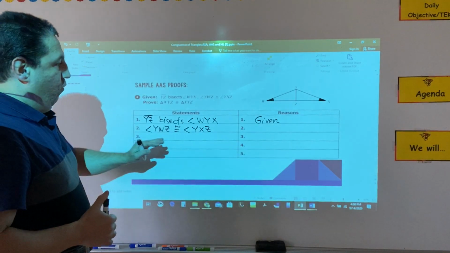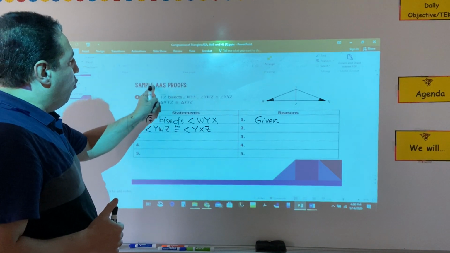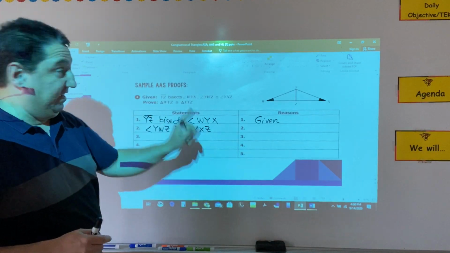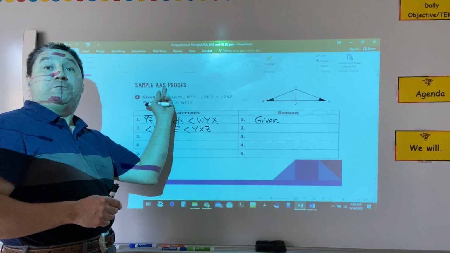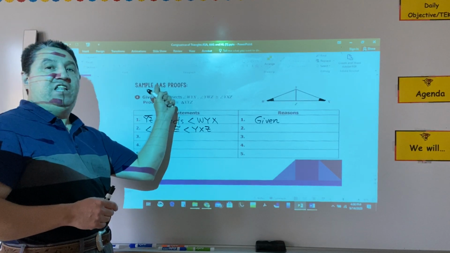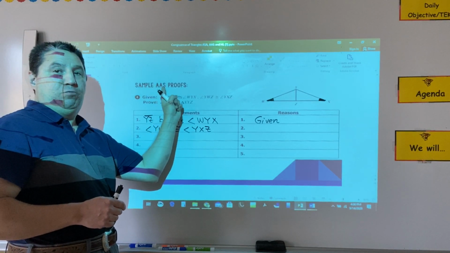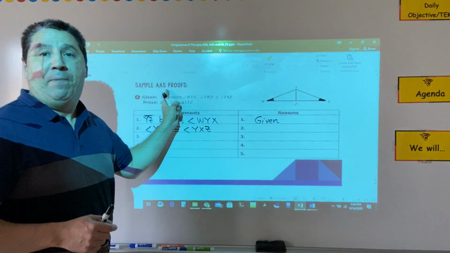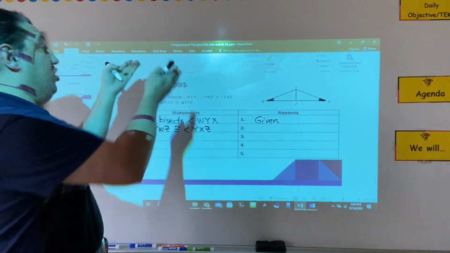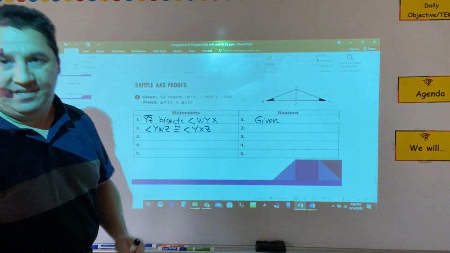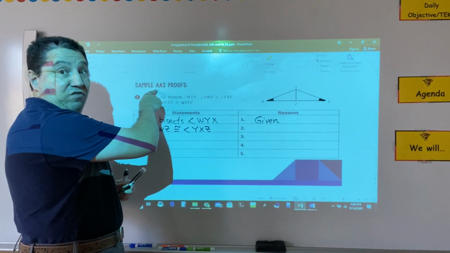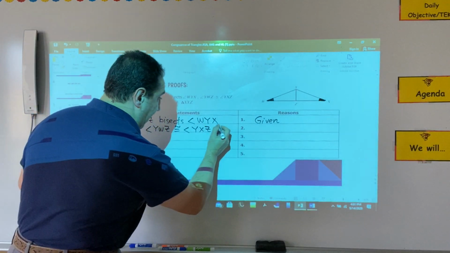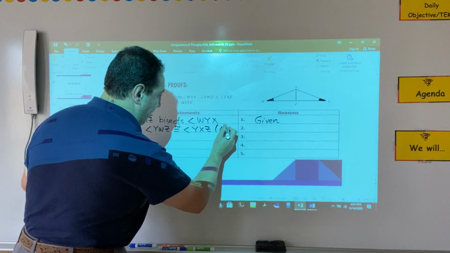So, for now, we have one A given. Yeah? We need two more corresponding parts. We need one more pair of corresponding angles and one more pair of corresponding sides in order to prove these triangles are congruent. For now, we have just one pair of corresponding angles, this pair of angles, right?